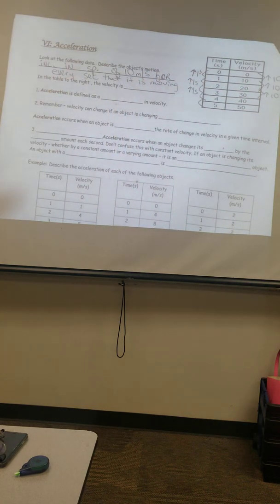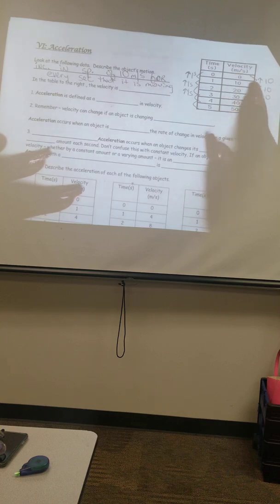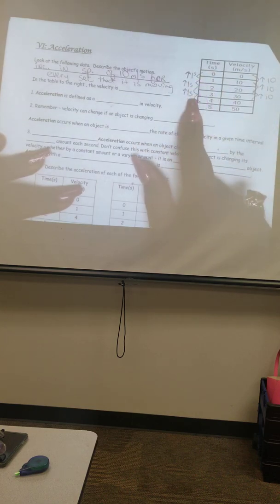That's important. One more time. When I look at this VT information, this acceleration, I see that my object's velocity is increasing 10 meters per second for every second that it's moving.